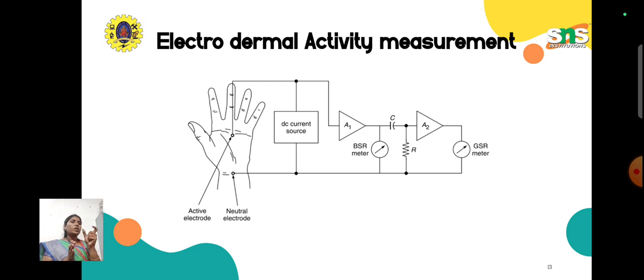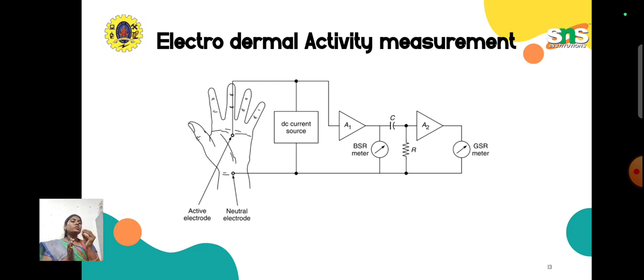We consider that fluctuation a high frequency signal, so we have this capacitor-resistor network acting as a high pass filter. It passes only the high frequency signal to the next stage, the signal you get because of the stimulus given.